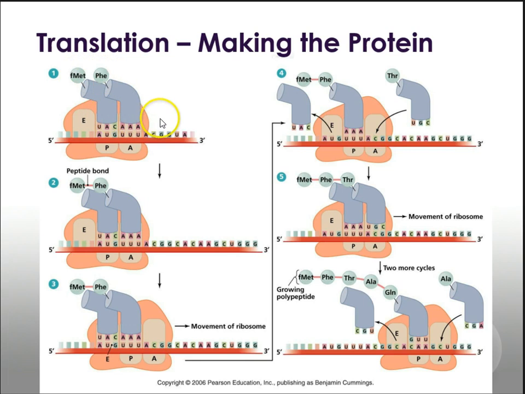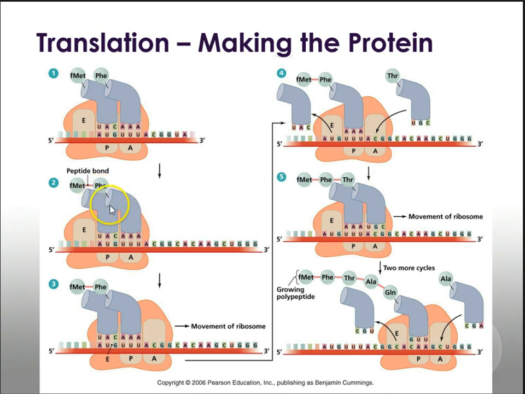Then it shifts over again, and this transfer RNA here will end up in the exit site. It is released out of the exit site, and it goes off to pick up another amino acid. The one that was in the acceptance site then moves into the polypeptide site. Then you get a new one in the acceptor site.